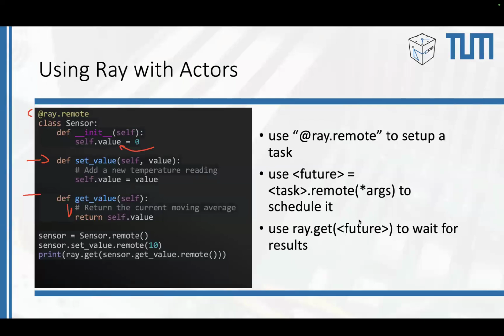Now, let's look at this for a second. How we instantiate a new sensor is by calling remote again on Sensor. This will call the init. So if I had a value here, you would actually pass the value in the remote, not in Sensor, in the constructor.